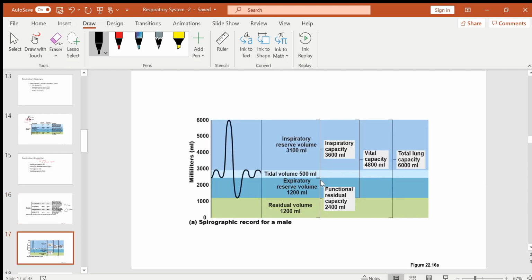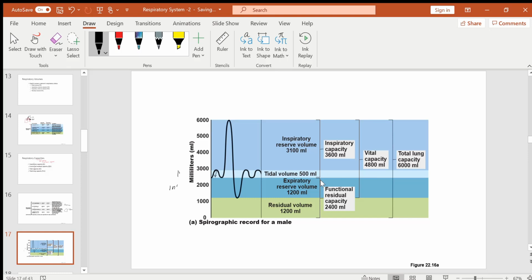So this is the chart nicely showing those volumes and capacities. You see this is normal 500 milliliter, that means normal tidal volume. Okay, and this y-axis is showing how much air is inside the lung.